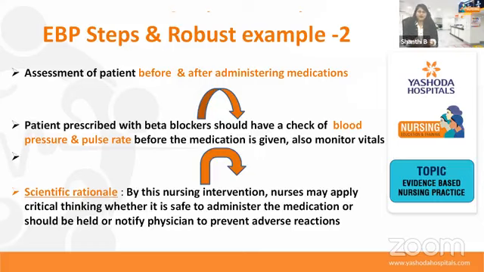Let's say if I want to give beta blockers, before providing them to the patient, I need to always check the patient's vitals, whether the pulse and blood pressure are okay before the medication is given. Also monitor vitals during the beta blocker infusion or after. So scientific rationale is nothing but patient priority; patient safety is not to be compromised here. Pre, post, and intra vitals are very important.